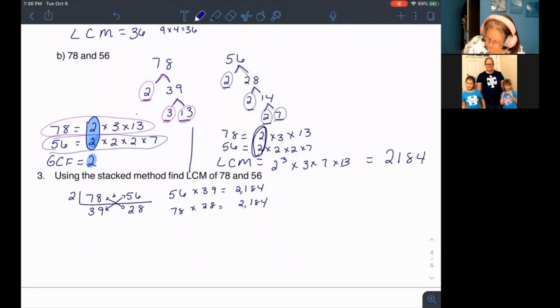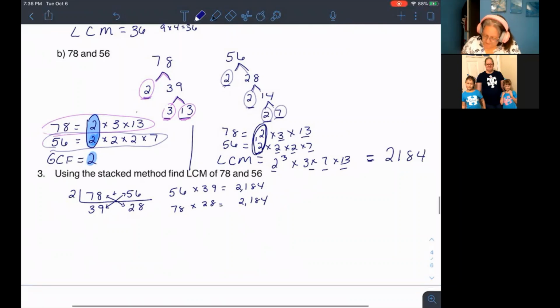So these kind of equal 1. So you have 1, 2, 3 2s. You have 1, 3, 1, 7, and 1, 13. So then you would multiply all those together to get your least common multiple.